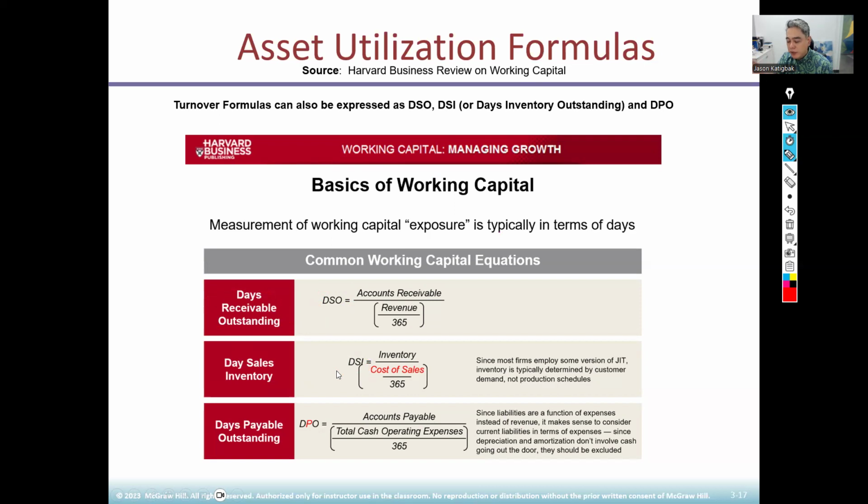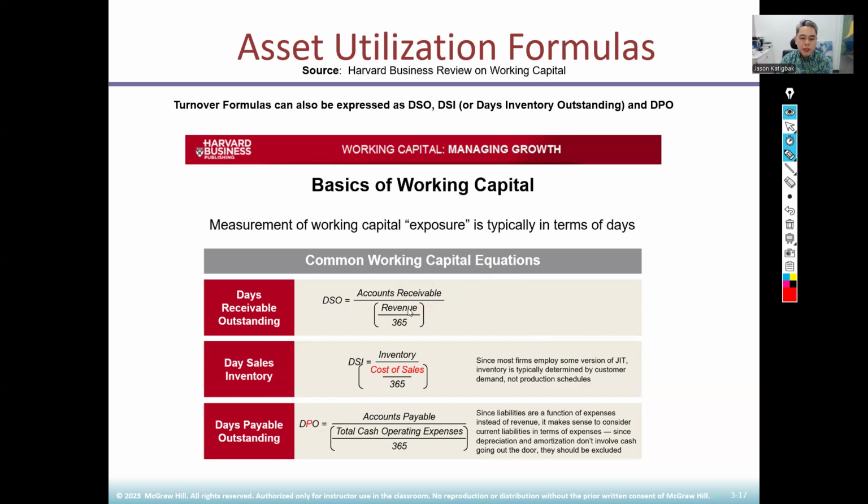I know they have different wordings, but bear with me. It's easy to remember: days payable outstanding, DPO; days inventory outstanding, DIO; days receivable outstanding, which can be DRO, or DSO, days sales outstanding, also.